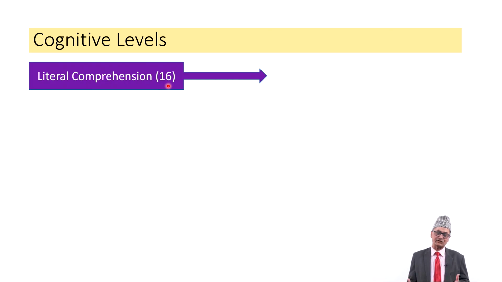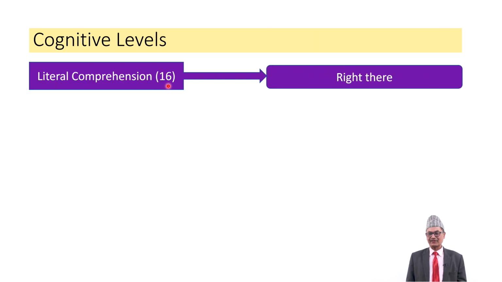So, what is literal comprehension? Literal comprehension is right-there questions. For example, what is given in the text, the students will have to write the same thing from the text. That is, you just look at the text, pick out the word or expression and write it in your answer set.